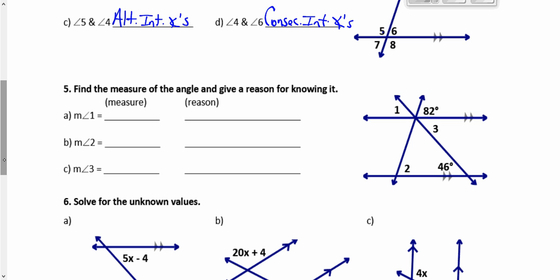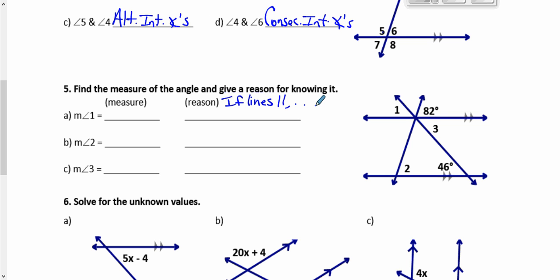But each of these reasons, like in a proof, would start with if lines parallel, dot, dot, dot, then the reason, okay? Because the only reason a pair of alternate interior angles would be congruent is if the lines are parallel, okay?